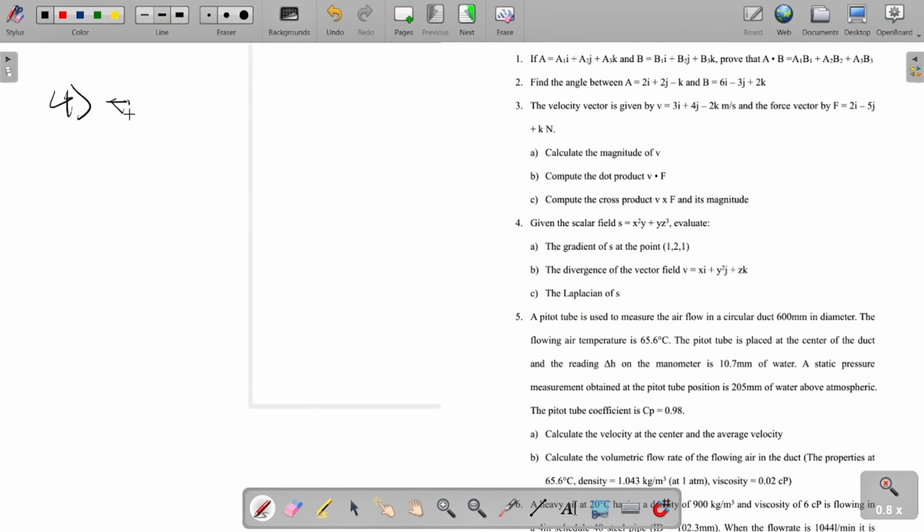So we have del S, that's the gradient of the scalar. Over here, the del operator is defined as del x i plus del y j plus del z k. So this is a del operator multiplied by the scalar, which over here is x squared y plus y z cubed.